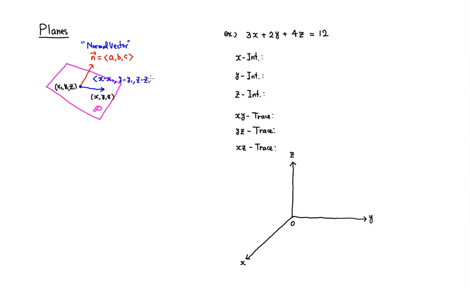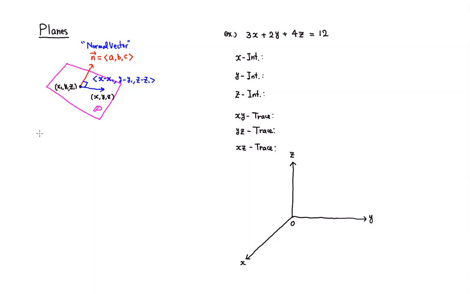What's special about points on the plane is that the vector going from the given point to an arbitrary point on the plane is always perpendicular to this normal vector. So let's take the dot product. Remember, if they are perpendicular, then their dot product will be 0.